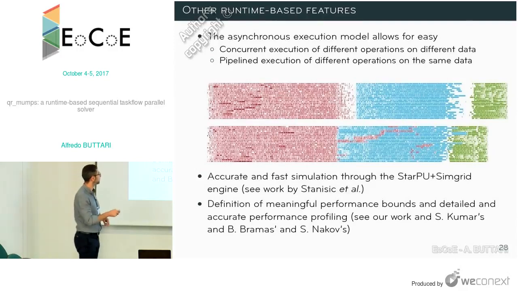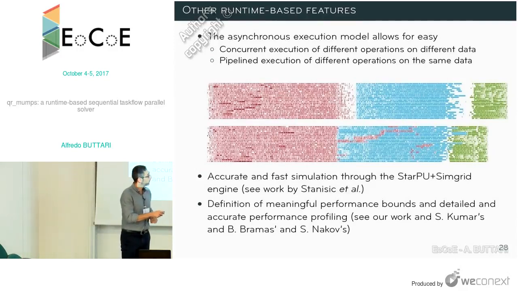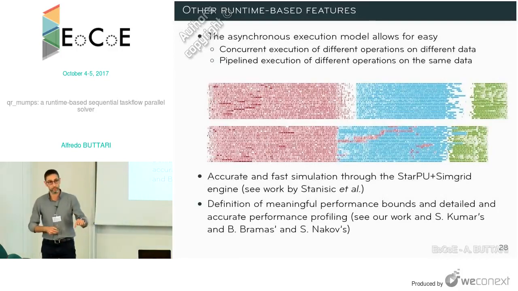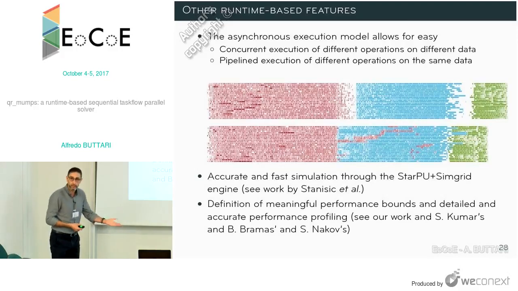Another nice thing that we have: SimGrid is a simulation engine which can be plugged inside StarPU. By doing this, we can simulate the execution of QR mumps. So that basically means that on your laptop, you can simulate the execution of a code on a KNL, without paying the price of buying a KNL. And simulation is pretty accurate, actually.